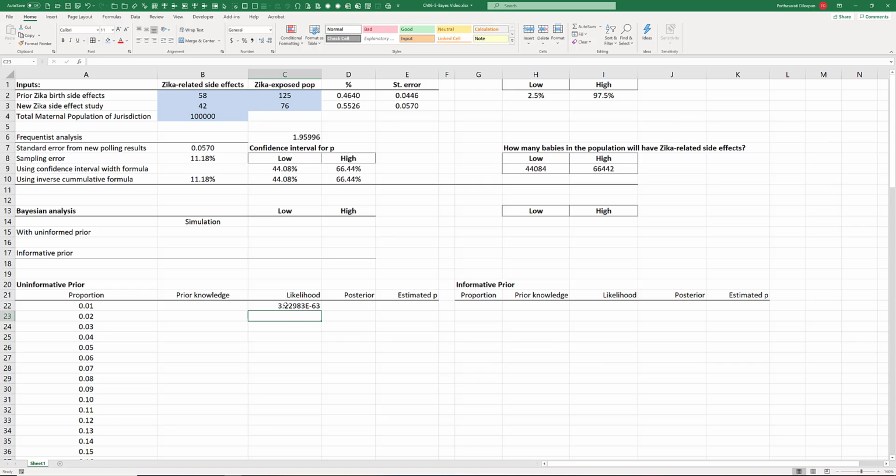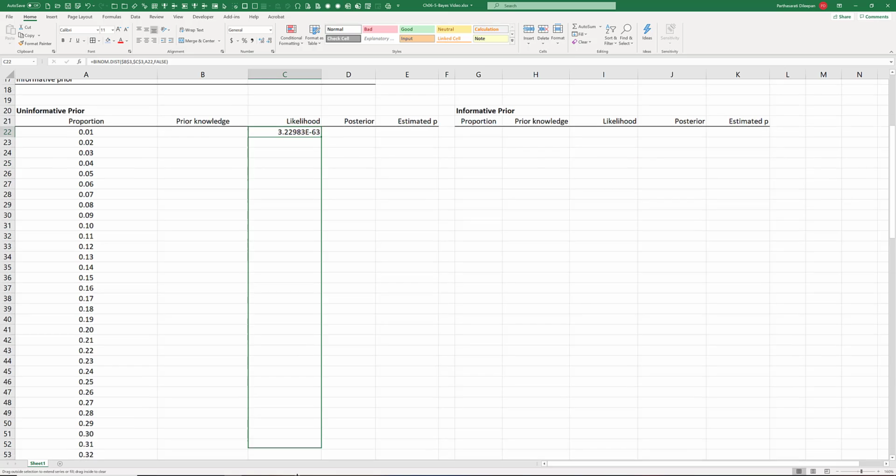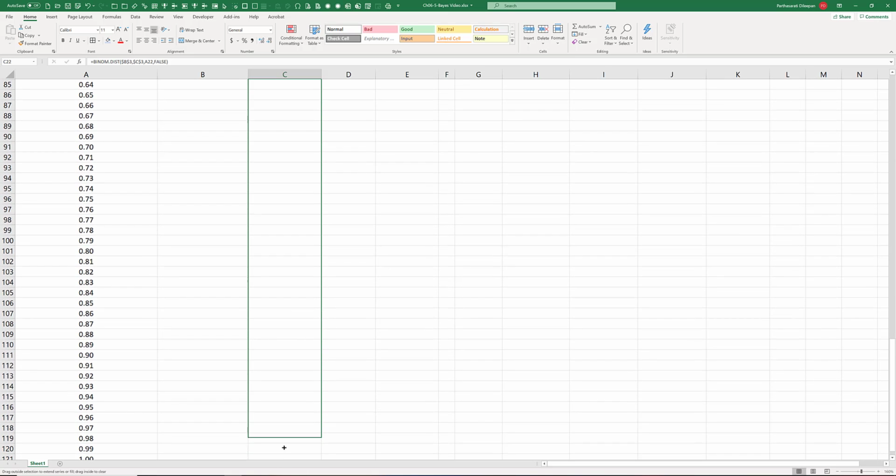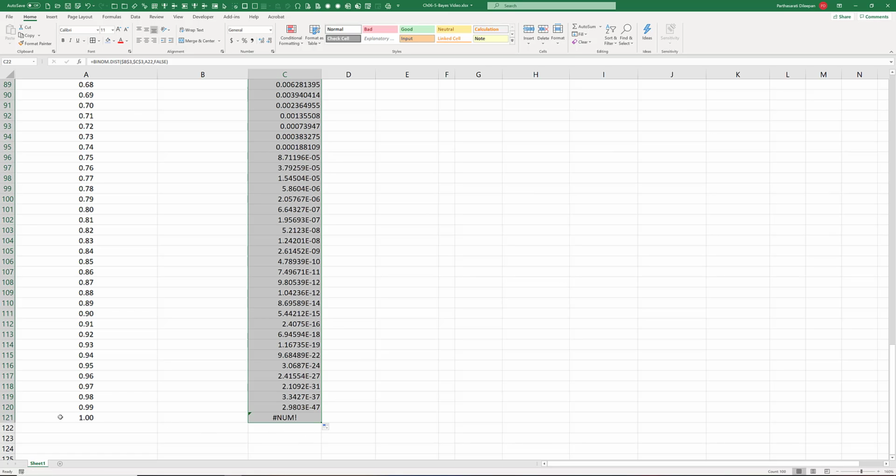Now that's a very small probability, which is why it is in scientific notation. It is 3.22983 times 10 to the power of minus 63. That's a really small number. We would have to increase the size of the column so much to be able to see it, so that's not worth it.